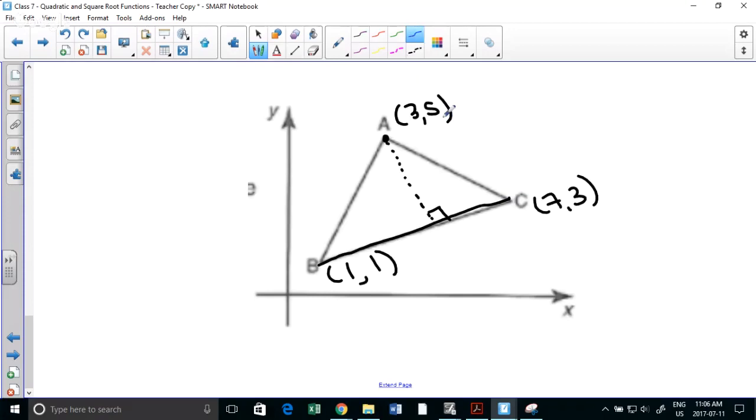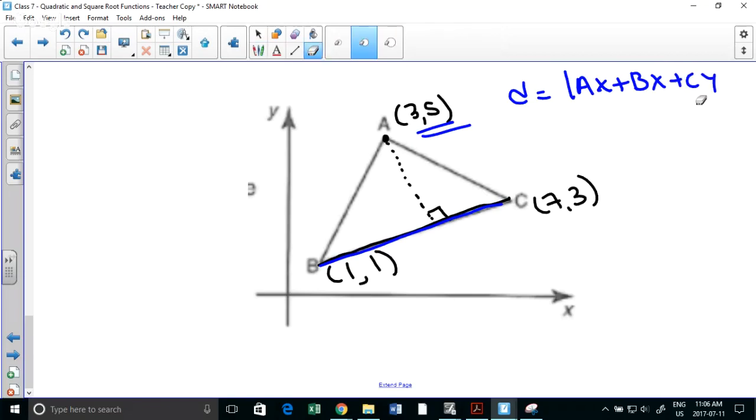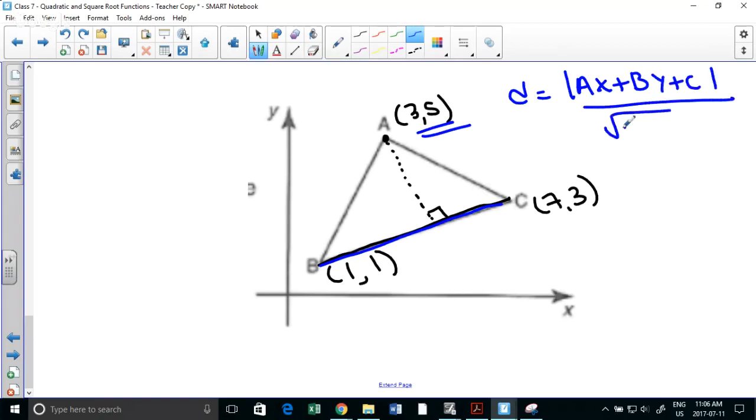Using this point and this line, find the distance using this formula. There's no y there. There's no x there. Cool. Like I said, I really want you to try these two problems on your own. And if you're still having difficulty, we can go over them tomorrow.